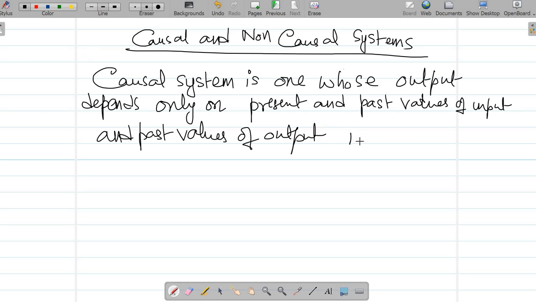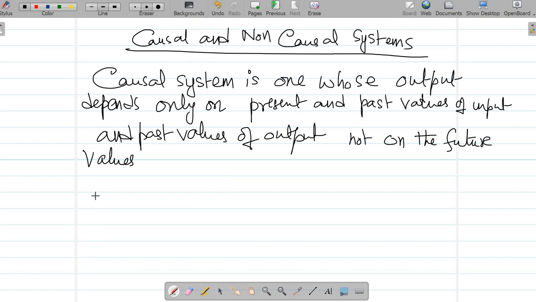Not on the future values. Such a system is known as a causal system.